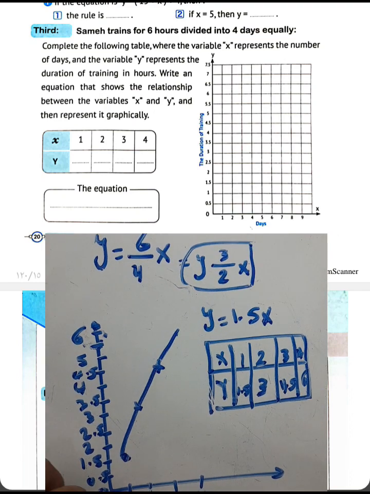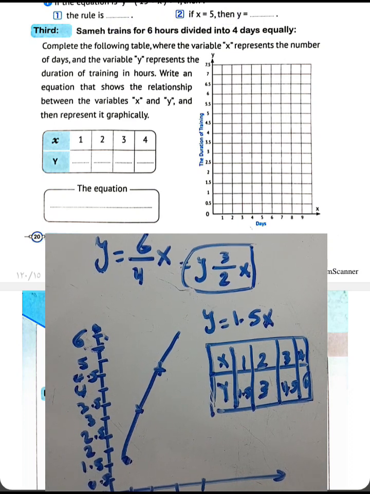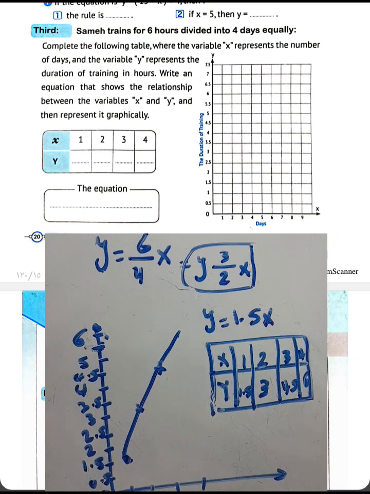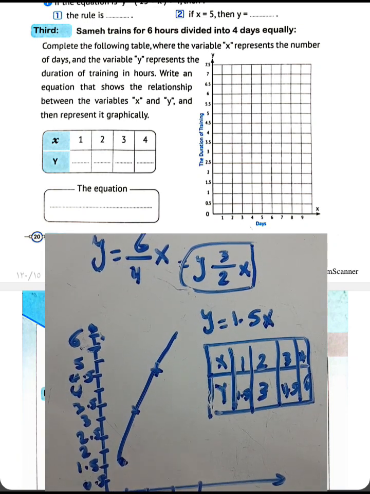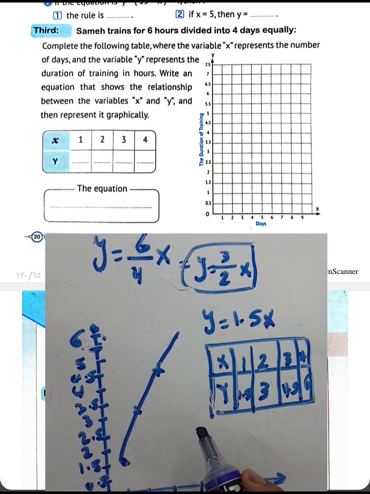Okay, my students, it's very easy for you. Again, Sameh trains for 6 hours divided into 4 days. Complete the following table where the variable x represents the number of days. X refers to the number of days, and y represents the duration of training in hours.